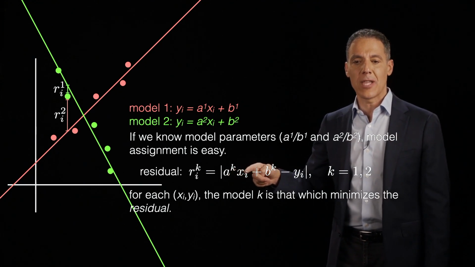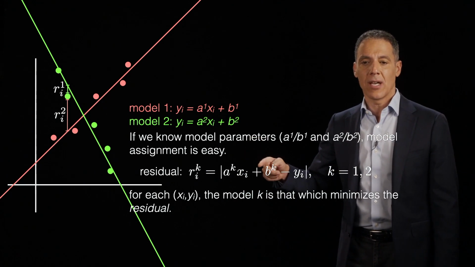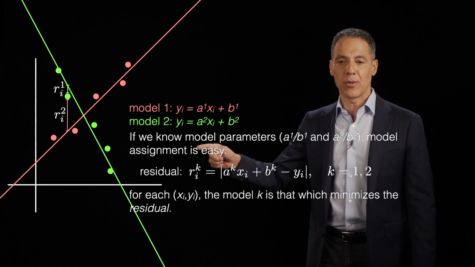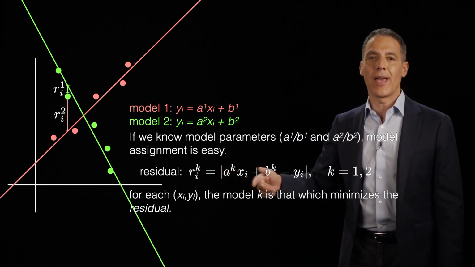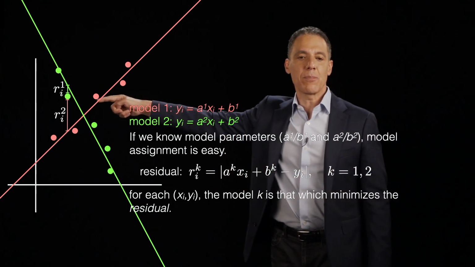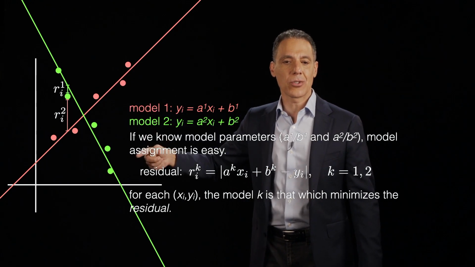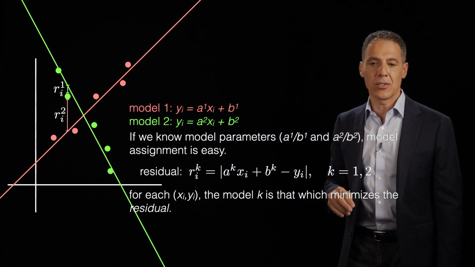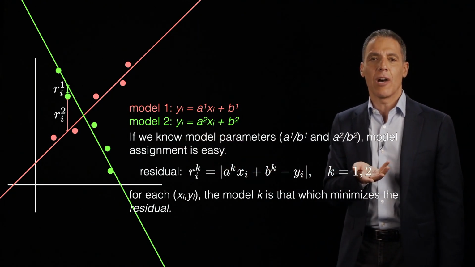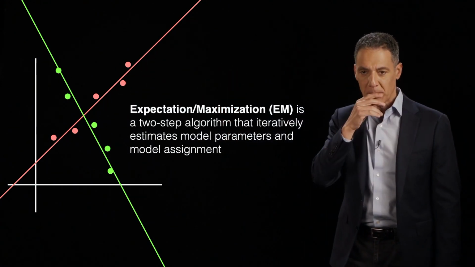So the model tells me that point xi, yi should be at point a sup k times xi plus b sup k, the kth model parameters. And I'm going to just take the absolute value or the square or whatever it is. Let's worry about that later. And so if a point is closer to line 1, it belongs to line 1. If the point is closer to line 2, it belongs to line 2. So that's sort of similar to what we did with the clustering. We just have a different measure of closeness. It's not the Euclidean distance. It is the vertical distance.